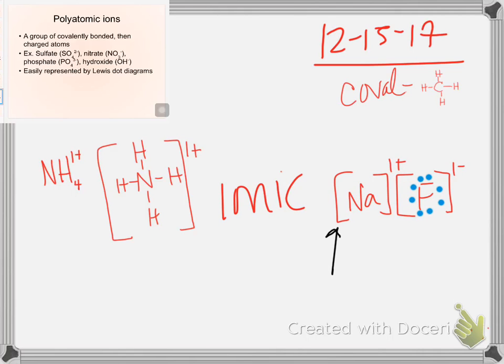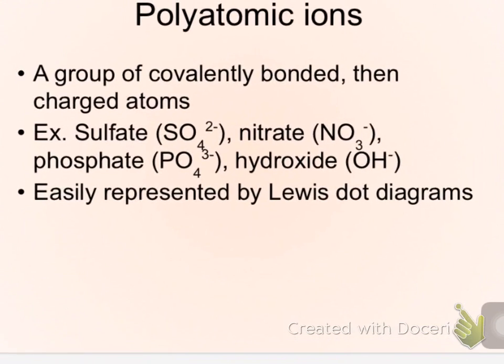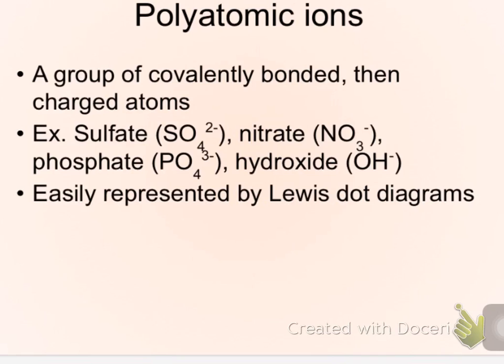The bracket and the charge. That's a big thing to remember when you're doing polyatomic ions. So, a polyatomic ion, as I said, it's just a group of atoms that are covalently bonded, and that as a group has either gained or lost electrons.